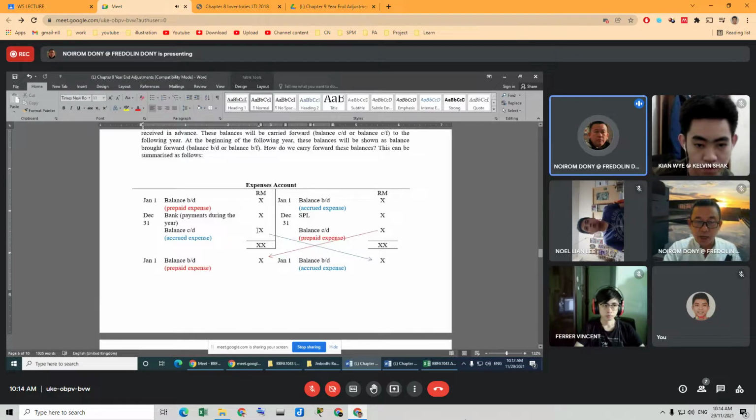So this credit balance is accrued expenses. If this is a debit balance, like this one, balance CD above the total on the credit side, balance BD the opposite, below the total on the debit side, so this is prepaid expenses. Same concept, just to make it easier to remember.